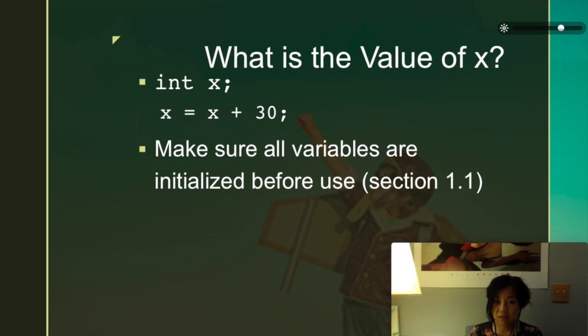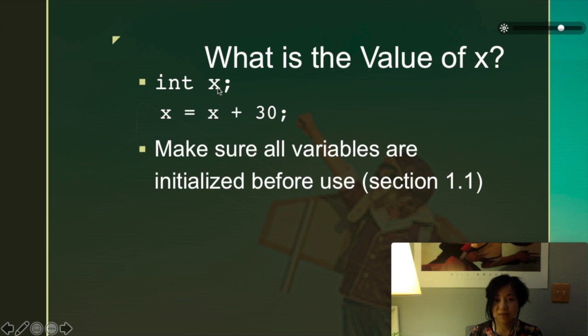int x = x + 30. What's the value of x after this statement? Because x was declared in the first statement and no value was assigned to it, its value at this point really depends on what was in that memory location. I would consider it garbage or unknown.